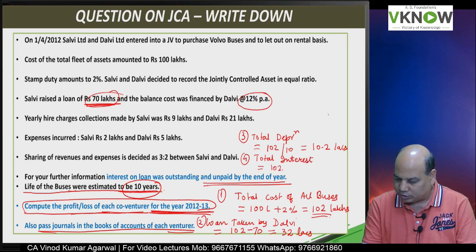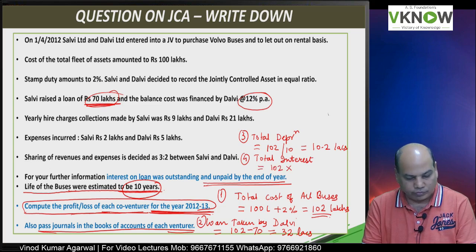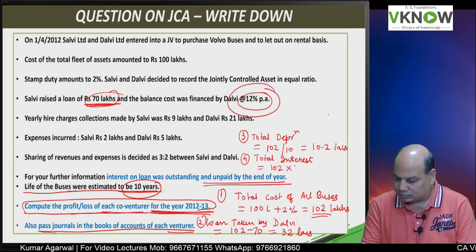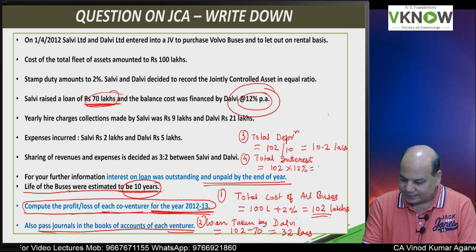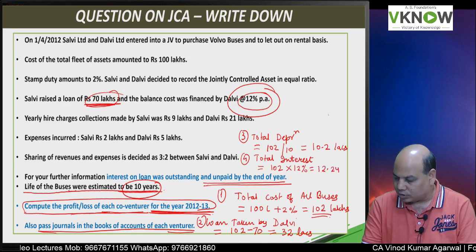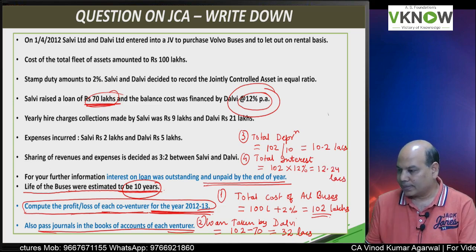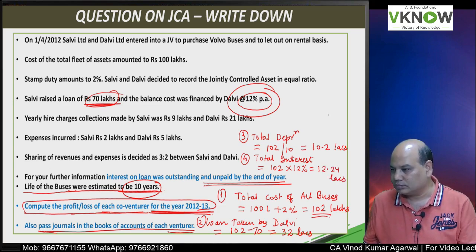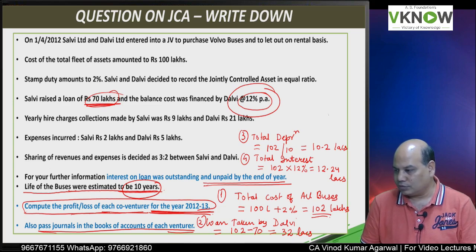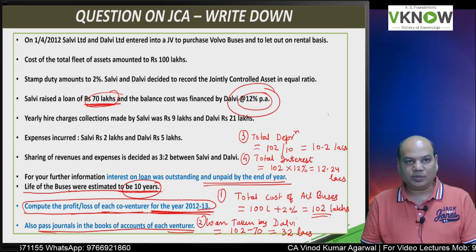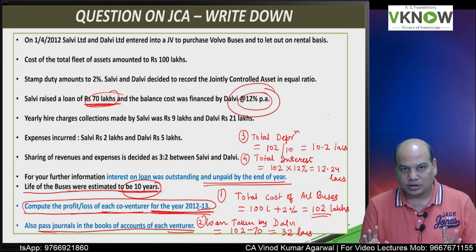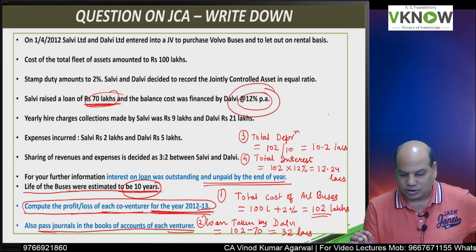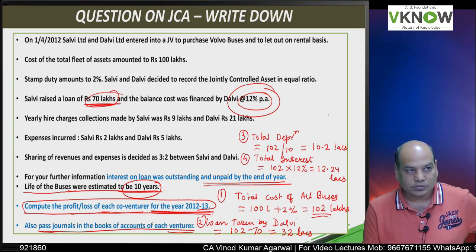Total interest will be, 102 lakhs is the loan amount and the rate of interest is 12%. So the answer would be 12.24 lakhs. So once we are ready with this basic calculation, now I am going to prepare the statement showing profit of each venturer. Any query up to this?